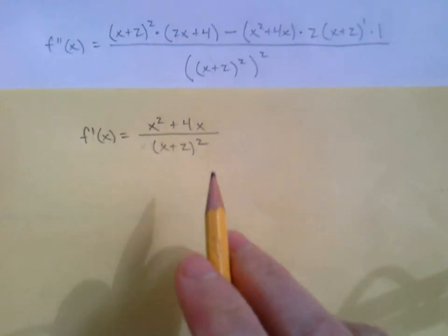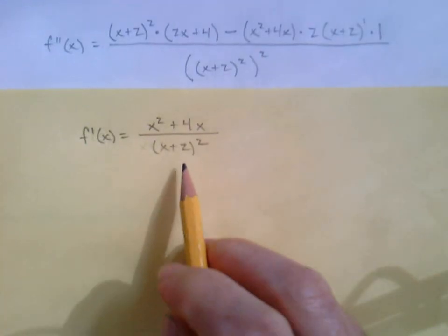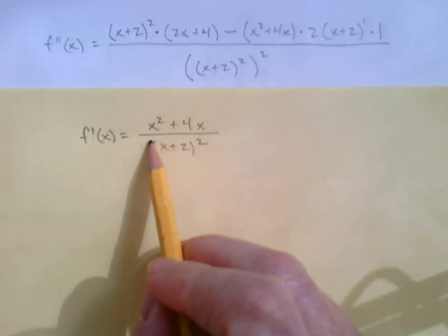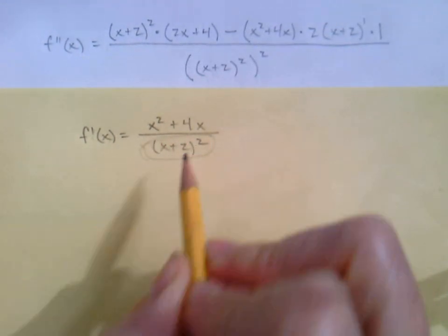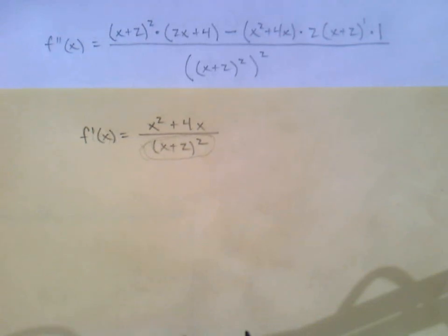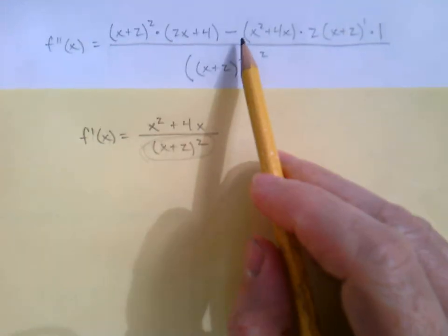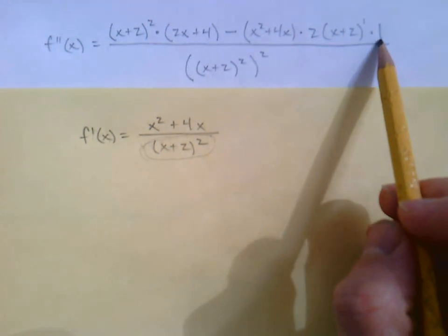So to take the second derivative, and it's a bit of a beast because we got to use quotient rule again, but in the midst of that quotient rule, our denominator, when we take the d low, is going to need a chain rule. Well, that's just how the rules work. So let's see. I've got low copied, d high, 2x plus 4, minus high, x squared plus 4x, times d low, and there's my chain rule, right?